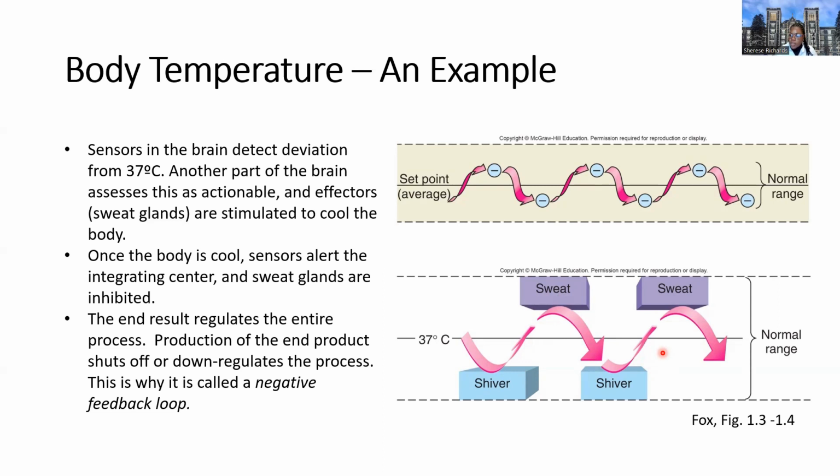So it's really cold externally, and the mechanism that would correct that is shivering. So the skeletal muscles in your body will start to contract, and that shivering is what helps to warm your internal organs and your core, and that will help to bring your body temperature back to 37 degrees Celsius. So the direction can be different depending on the change initially, the external environment, and then the desired variable, right? The desired value.